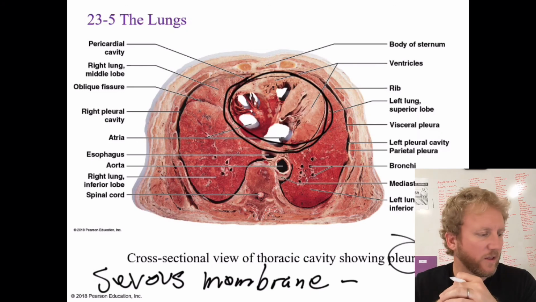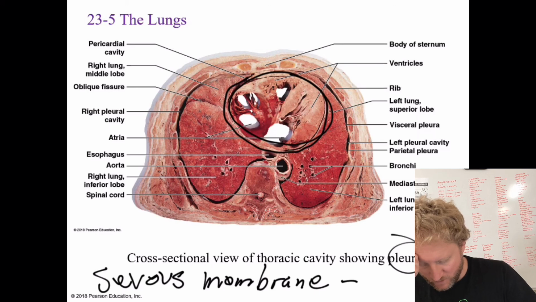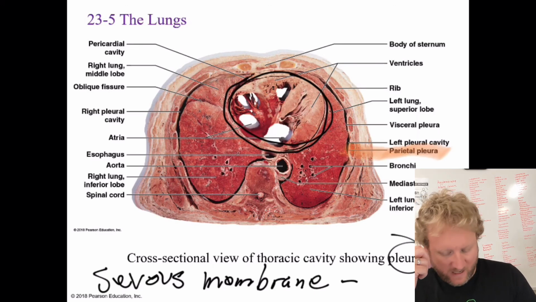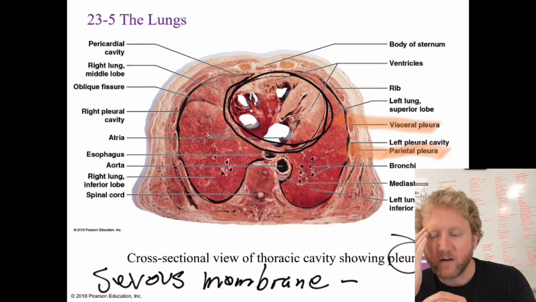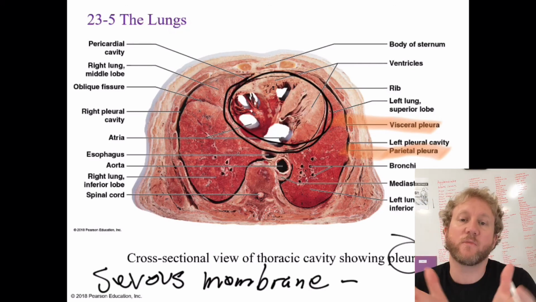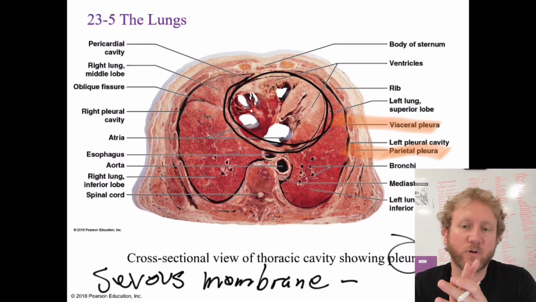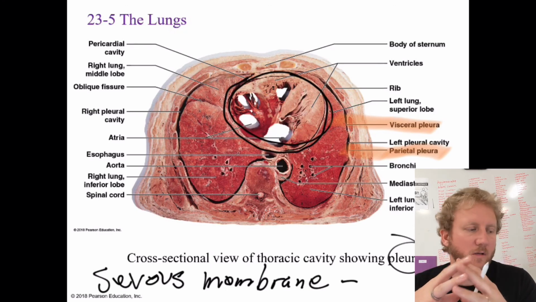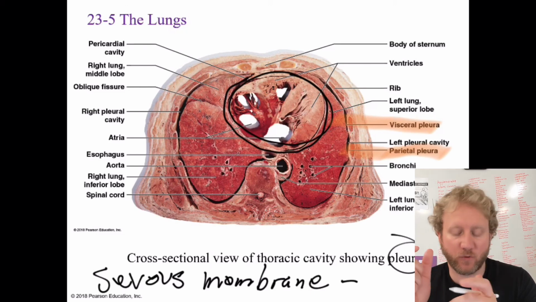The pleura has two layers: the parietal pleura, which is illustrated right here, and the visceral pleura, which is an inner layer right here, and also serves as the outermost tissue boundary of the lungs proper. The parietal pleura also lines the inner thoracic wall. In between those two layers is pleural fluid.